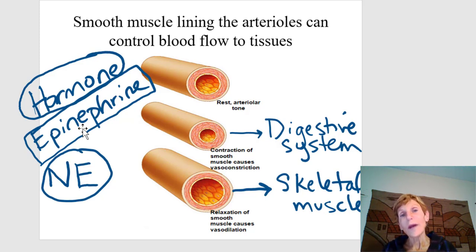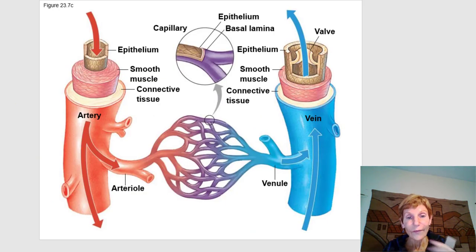But there's another way that you can regulate, in general, blood flow, not through the arterioles, not through the arteries, but at the level of the capillary beds. Okay, and so remember this picture right here. Now we're talking about these capillaries. We just talked about how you can regulate the diameter of the arterioles.